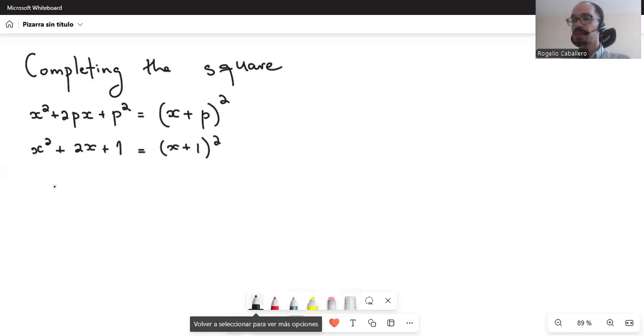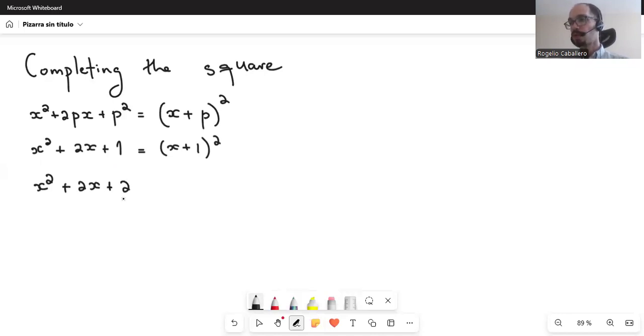Completing the square is necessary when we have a trinomial that is not a perfect square, such as this one: x squared plus 2x plus 2. Very important, this is not a PST.